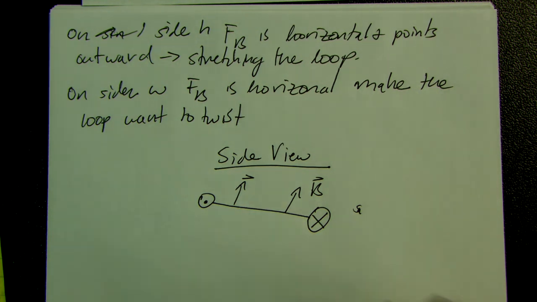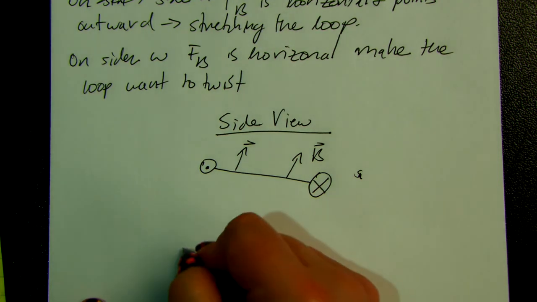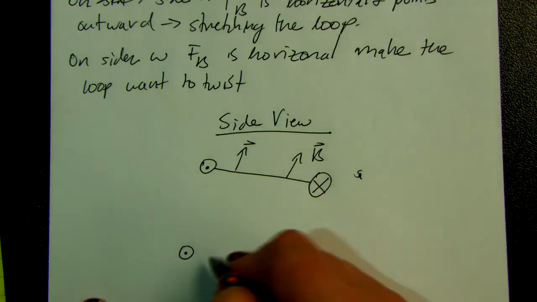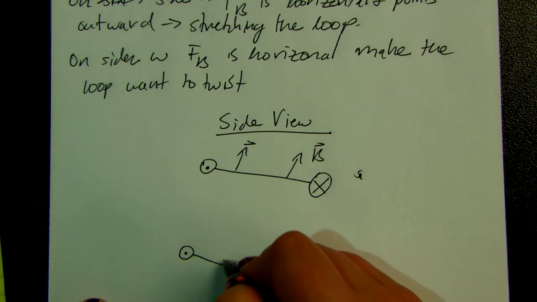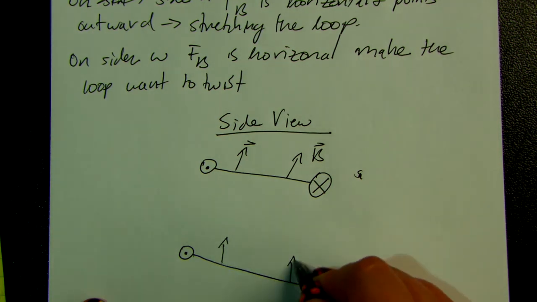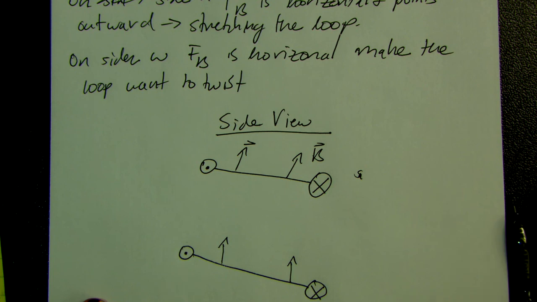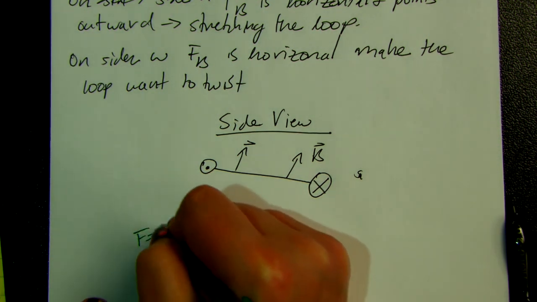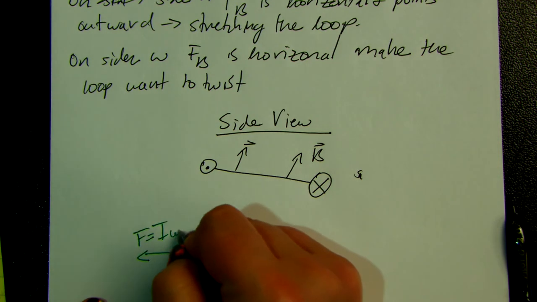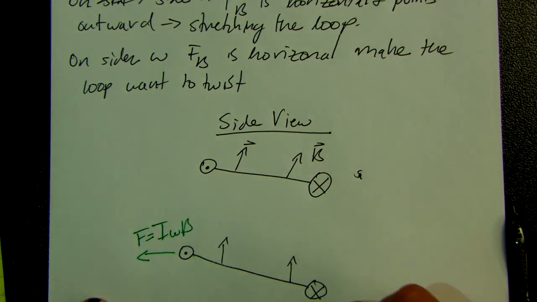Let's start drawing some vectors onto this. So we've got the magnetic field that was in there already. We have the force, which is equal to I W B, and the force, which is equal to I W B.